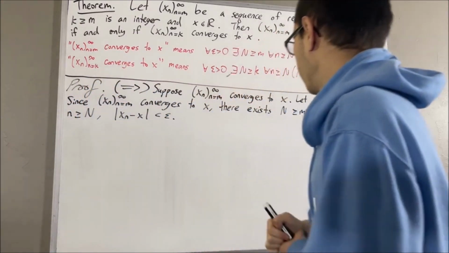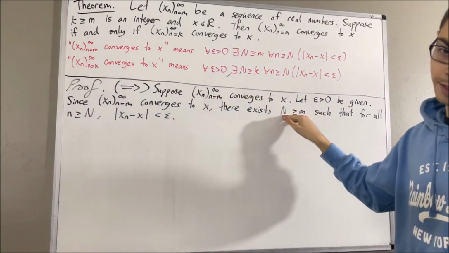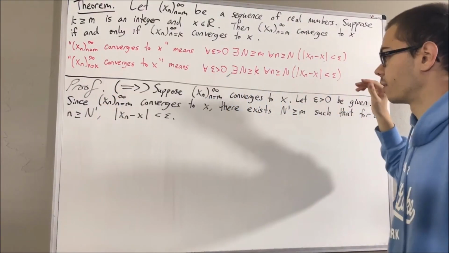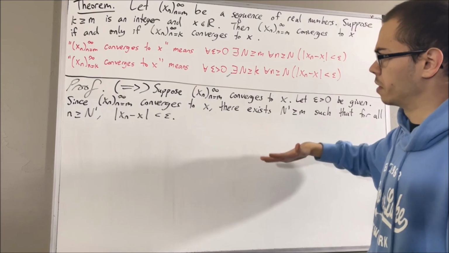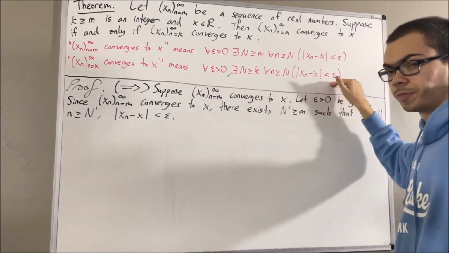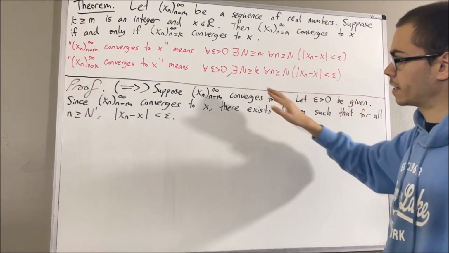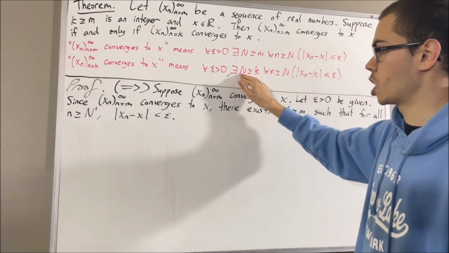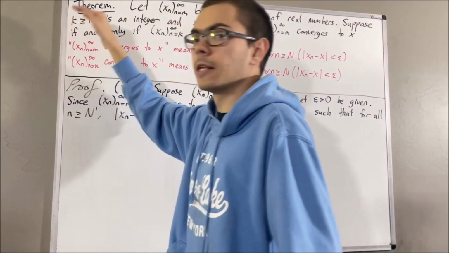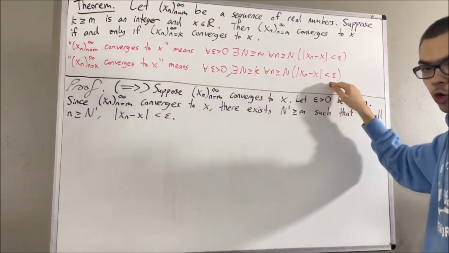Now, we could call this integer anything, so I'm actually going to call it capital N prime. Now remember, the whole goal is to find an integer greater than or equal to k such that this is true. Well, the claim is that if we take this integer to be the maximum of capital N prime and k, then this statement will be true.